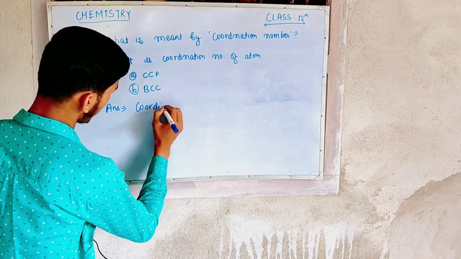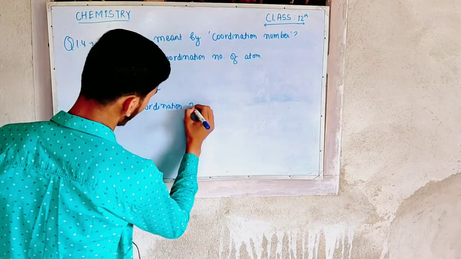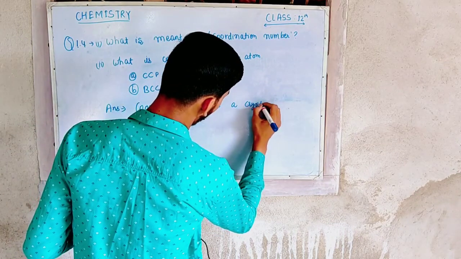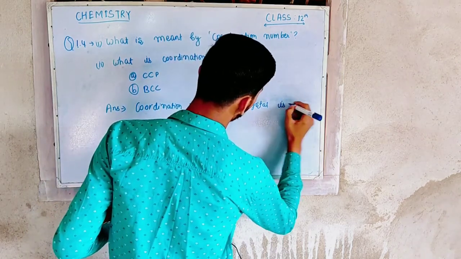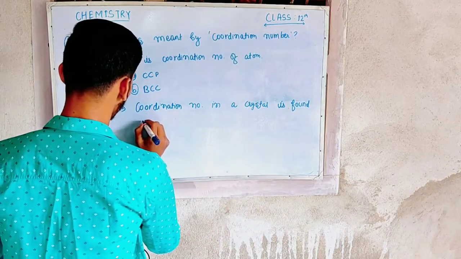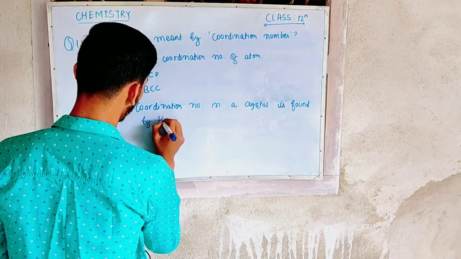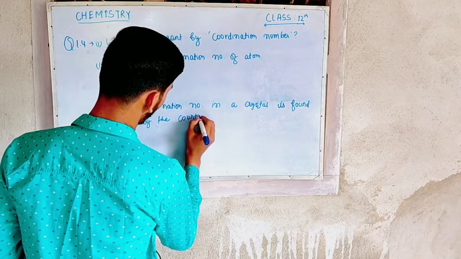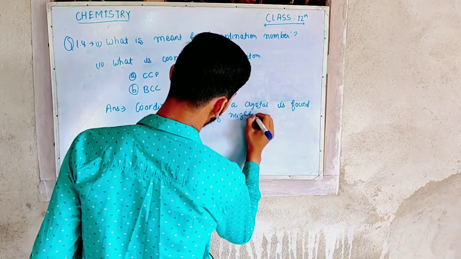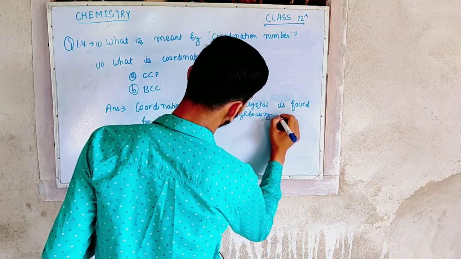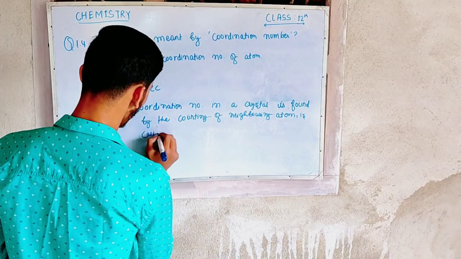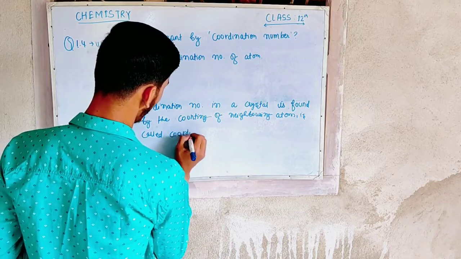Coordination number in a crystal is found by the counting of neighboring atoms is called coordination number.